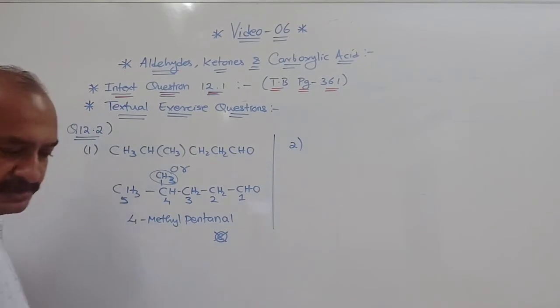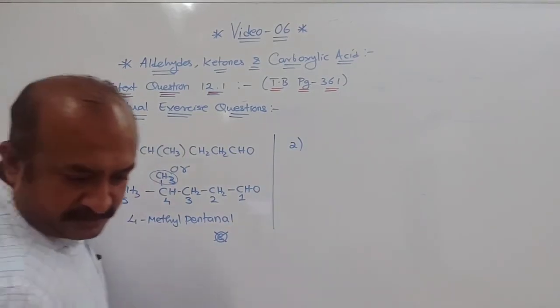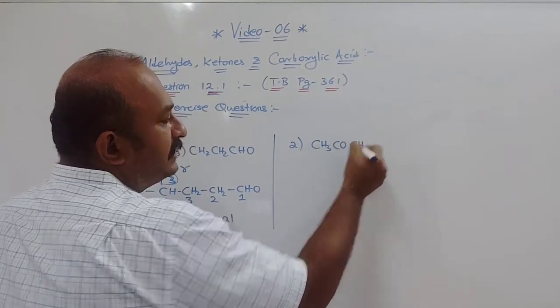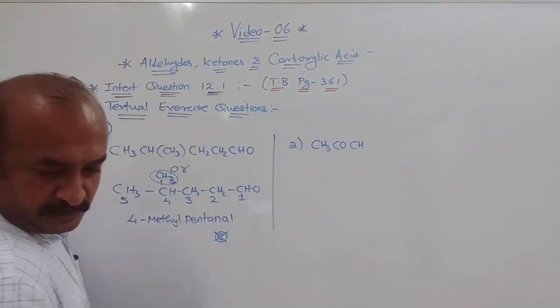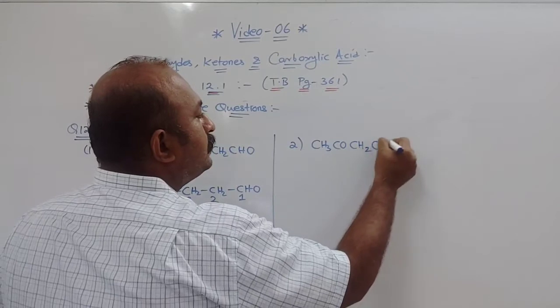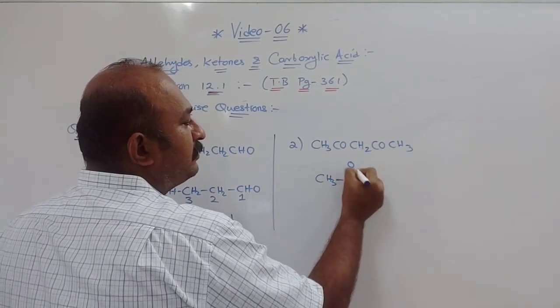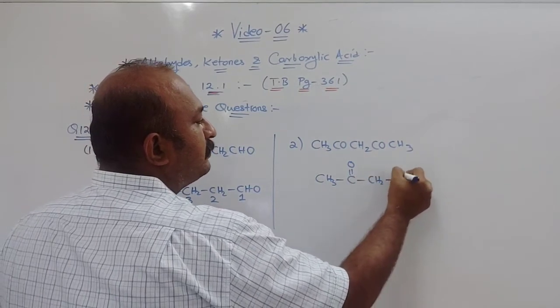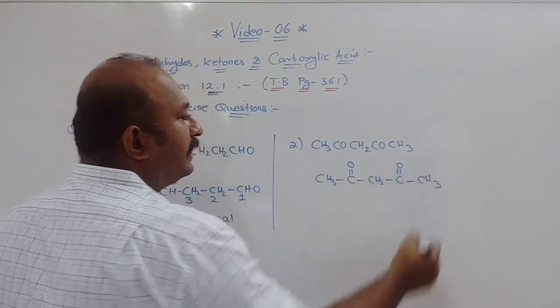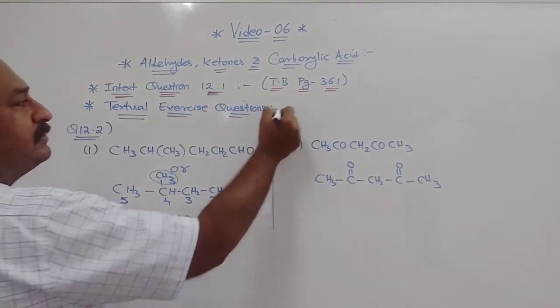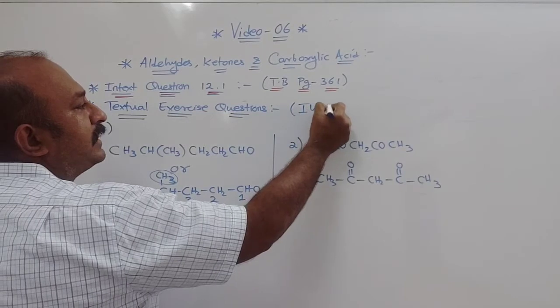Now the second structure is CH3CO, CH2, COCH3 like this. You can also write it like this: CH3 C double bond O, CH2 C double bond O, and CH3. Now we are writing the IUPAC names.